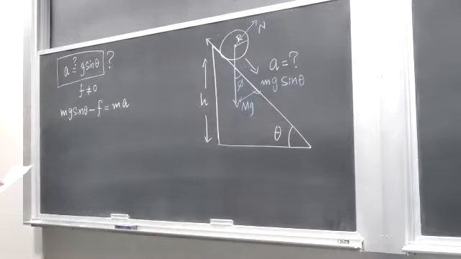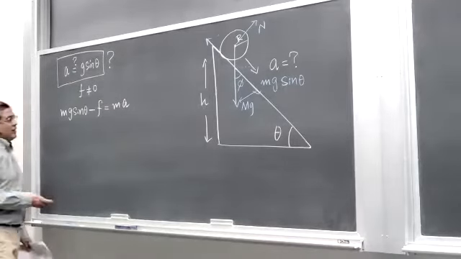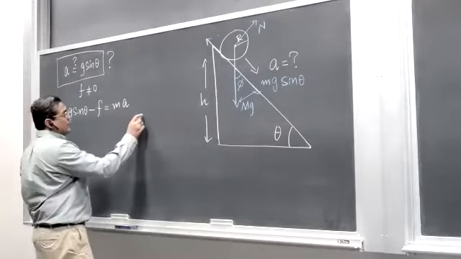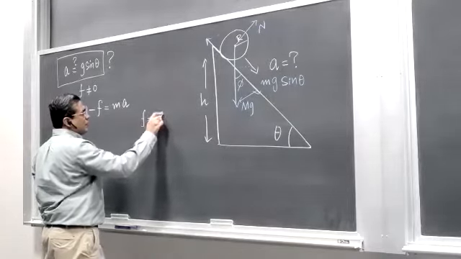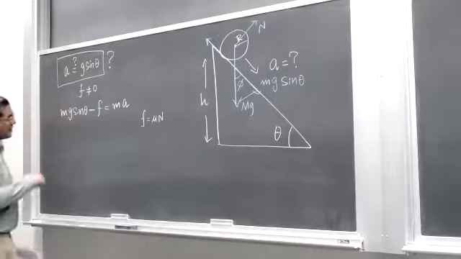All right. Now what is the force of friction here? Mu mg cos theta. Okay, but let's first consider this. This would be mu N.